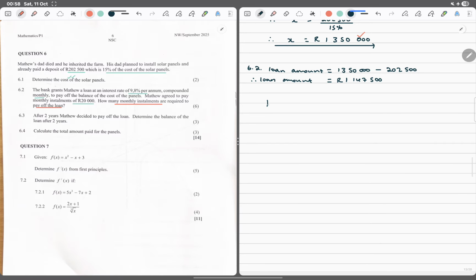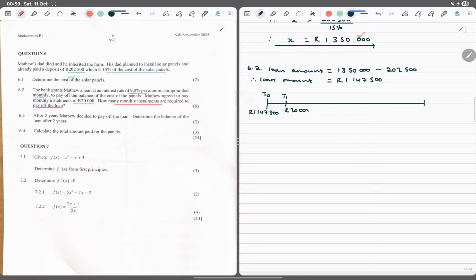Now what I always do, folks, is to do a timeline. I always find this tool very meaningful when the situation goes a bit dangerous. Remember, at T0 we are acquiring the loan of 1,147,500 rands. And at term 1 we normally start with the payments, right?